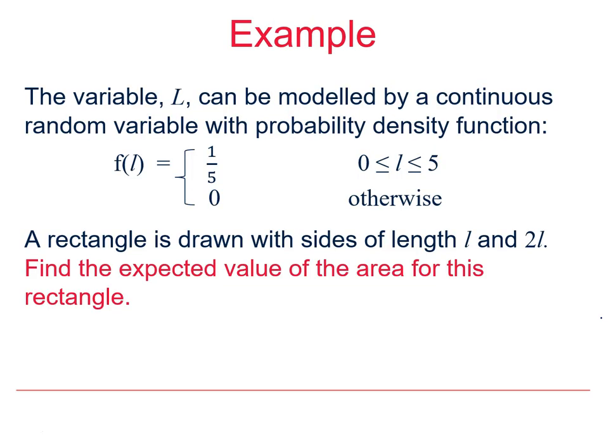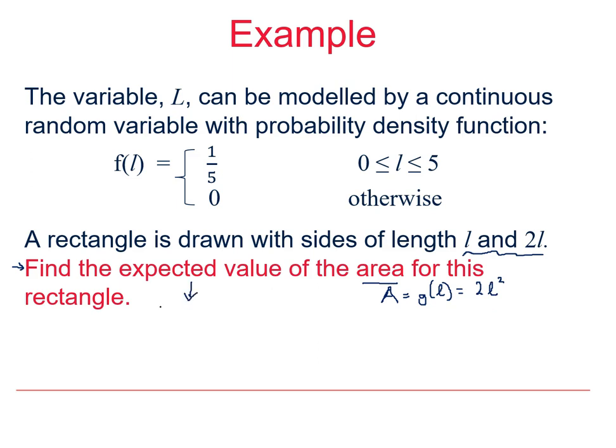So you may need to just stop the video for a moment and read through this example and think how you might approach finding the expected value you've been asked to find here. So first of all, we're talking about the expected value of the area. We'll call that A, and that's going to be our function of L. And we know that the sides have length L and 2L, so the area would be obtained by multiplying together L and 2L. So our function is 2L squared.